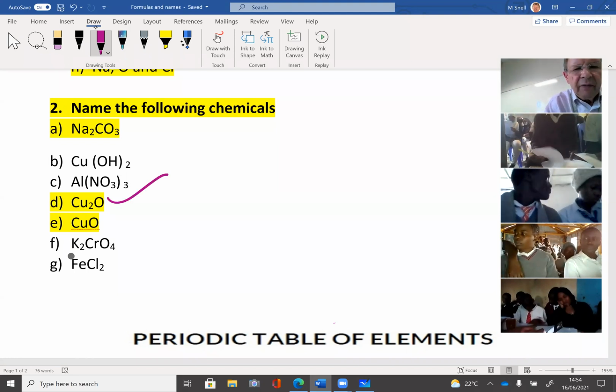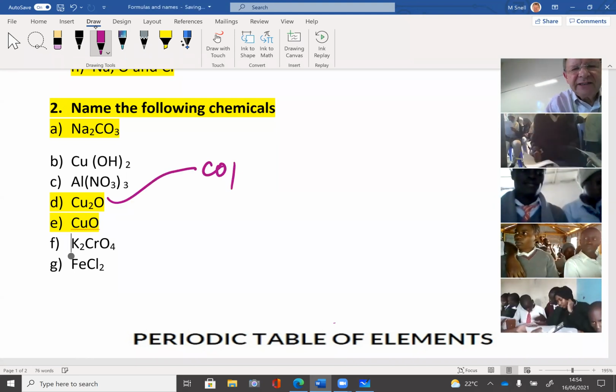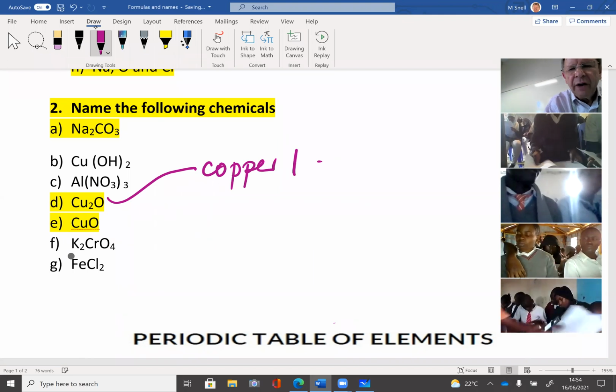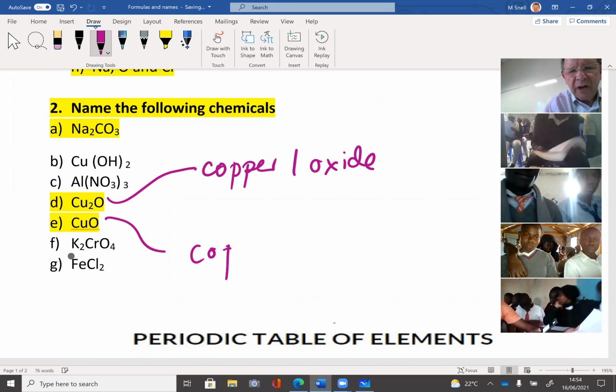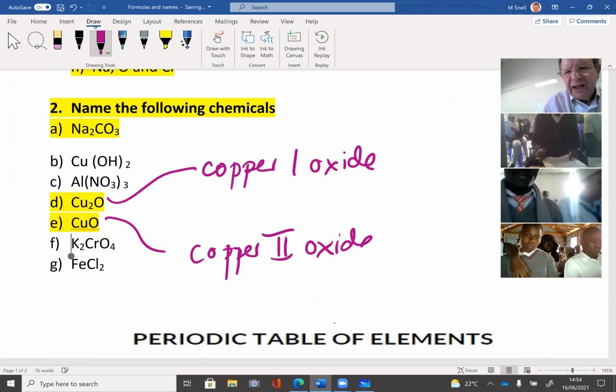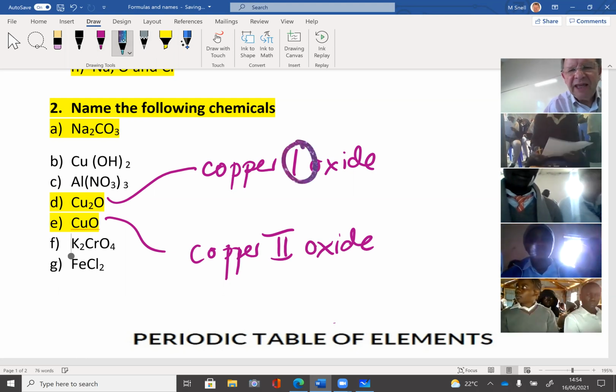Thank you. Okay. These here, sometimes it's not very easy to work out what the valency is and what we're talking about. This one here is copper 1 oxide. And this one here is copper 2 oxide. Now, you've been told that this number here is called valency.